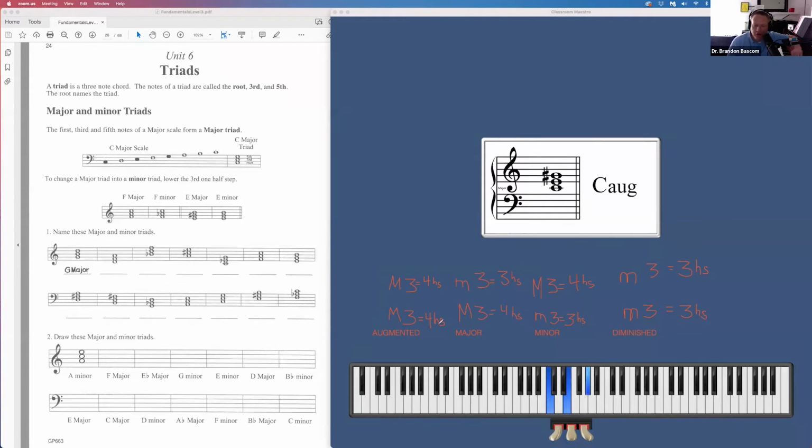So those are your formulas for all the 4 types of triads: augmented, major, minor, and diminished.